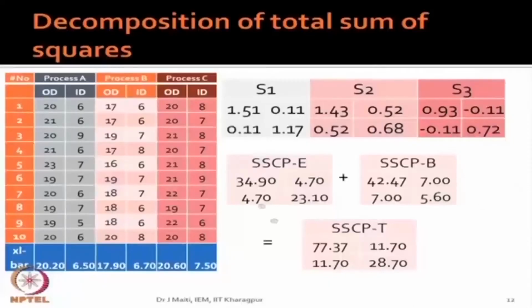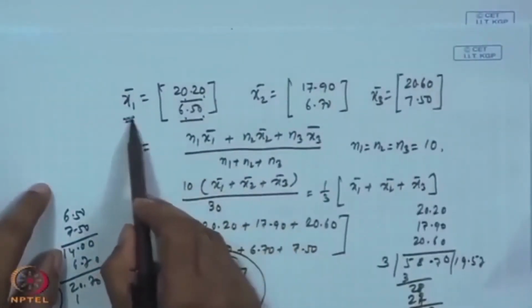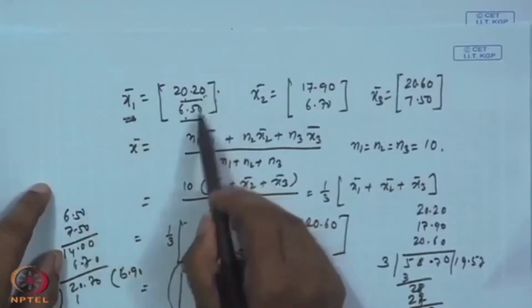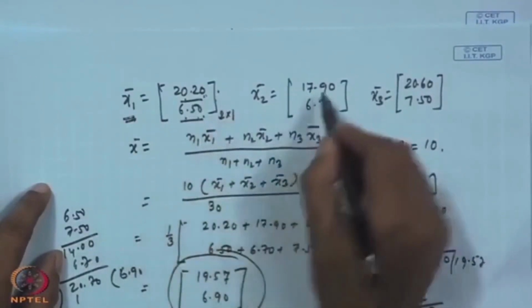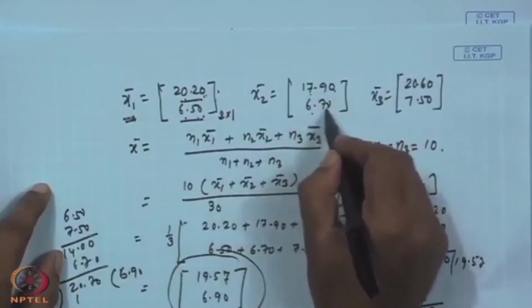Then I have given you this problem. I said let us compute SSCP B and SSCP E for the data set given. For this, you have to first find out the mean vectors, and these mean vectors are like this. x1 bar equal to 20.20, 6.50. This is a 2 cross 1 vector. 17.90, 6.70.